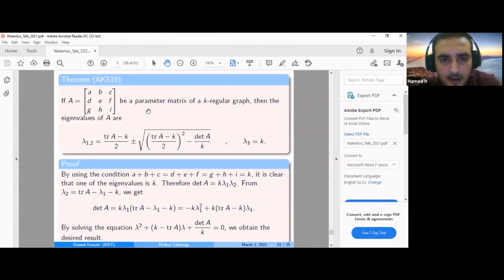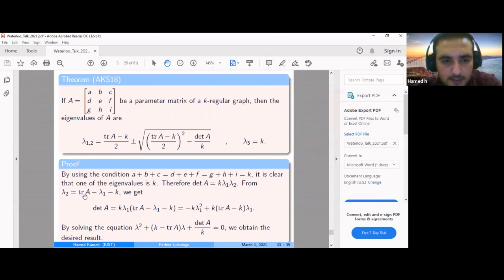If A is a parameter matrix of a k-regular graph, then the eigenvalues of A are lambda 1 and 2, in terms of trace of A minus K over 2, plus and minus the radical of trace of A minus K over 2, squared, minus det of A over K. You can see the proof by using the condition that A plus B plus C, all of this, is equal to K. It is clear that one of the eigenvalues is K. Therefore, det of A is K lambda 1 lambda 2.